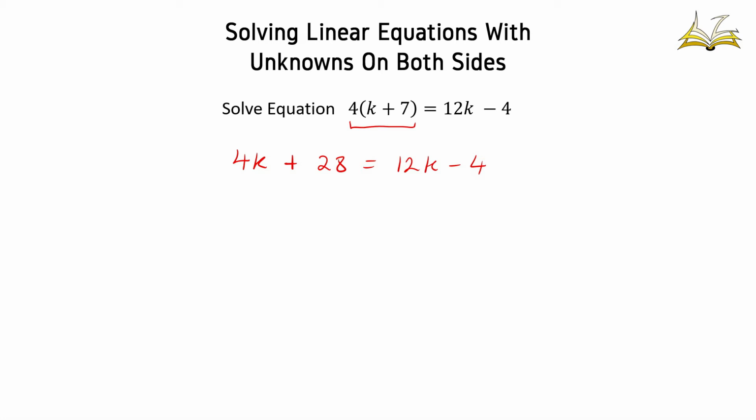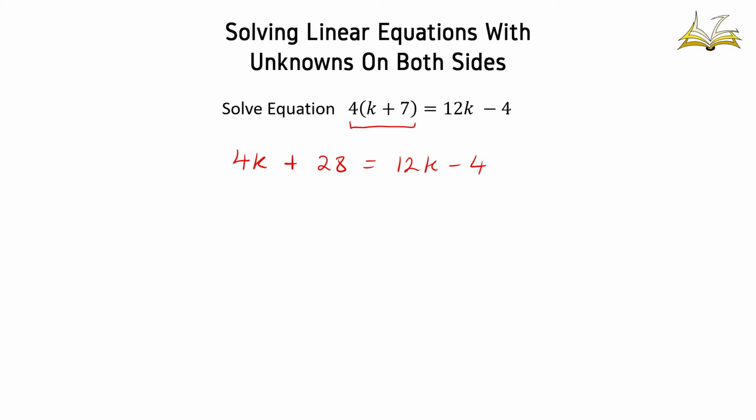So to solve this question, what we need to do is move all the k's over to one side of the equal sign. Whichever side you choose, it doesn't matter, and I'll even show you two versions of this. Let's just say what I would do, I'll move all the k's to the right.